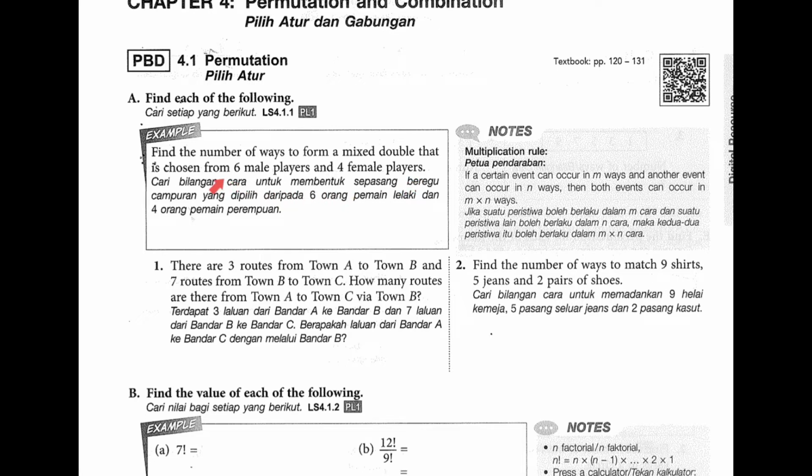The first event, you choose a male player. There are 6 ways. Second event, you choose a female player, 4 ways. So by the multiplication rule, 6 times 4, 24 ways to choose the mixed double. So it seems kind of easy, right? Okay, now let's continue.